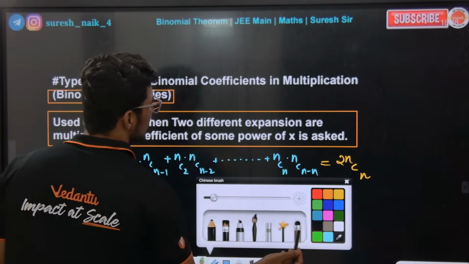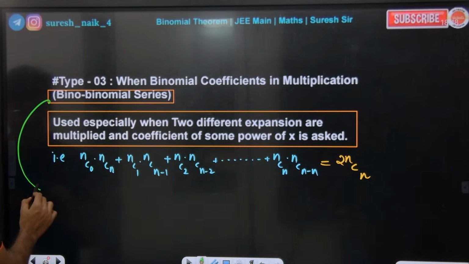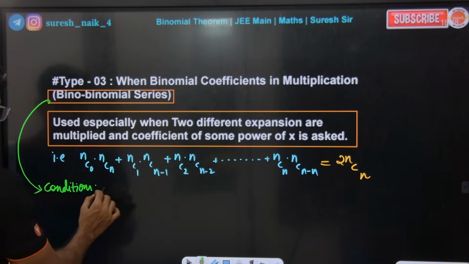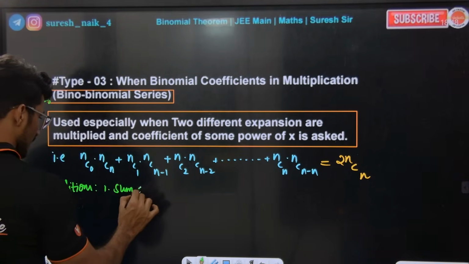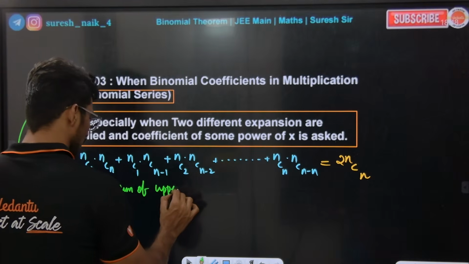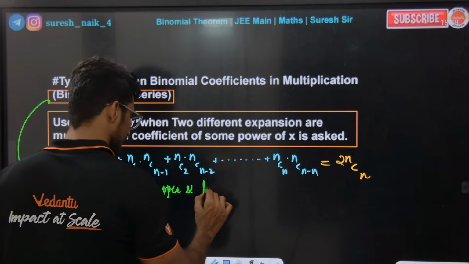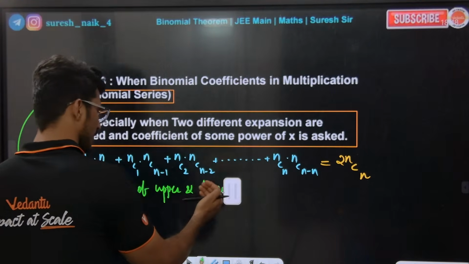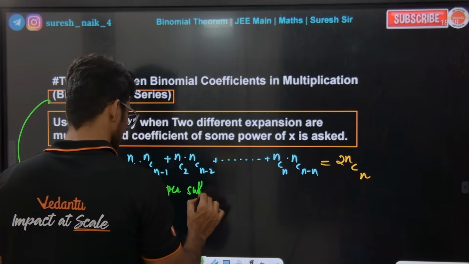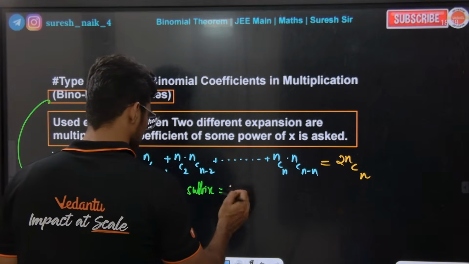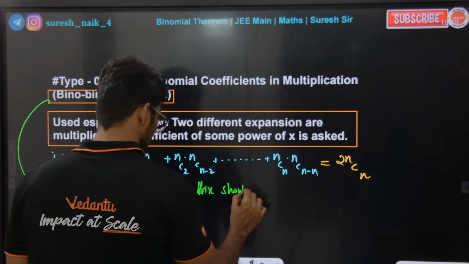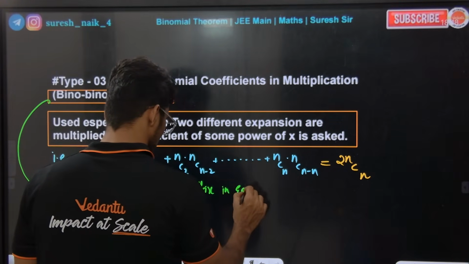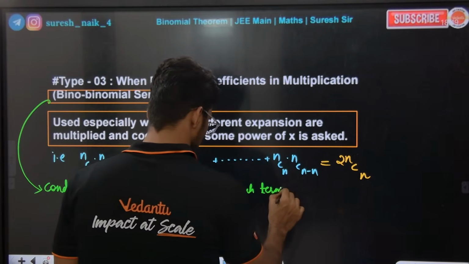Guys, what are the conditions to apply binomial series? Conditions. Sum of upper suffix and lower suffix, sum of upper suffix should be equal in each term.